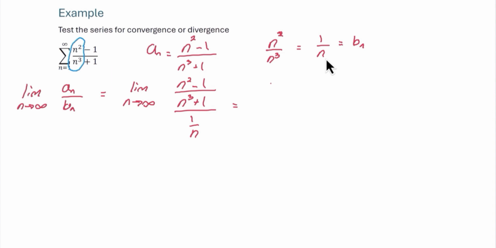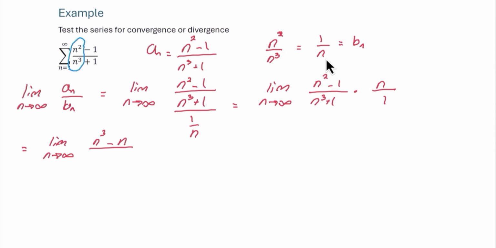We can now rewrite this. Copy the first fraction, and we'll multiply by the reciprocal of the denominator. Limit of n cubed minus n divided by n cubed plus 1.